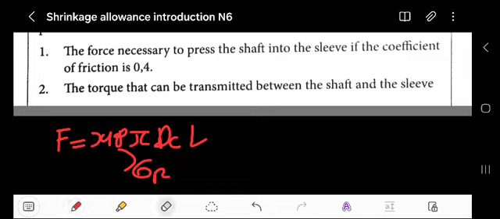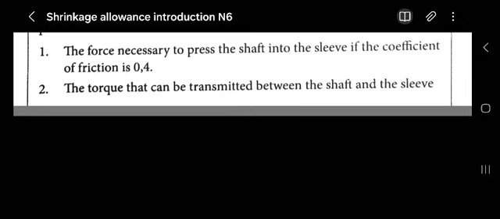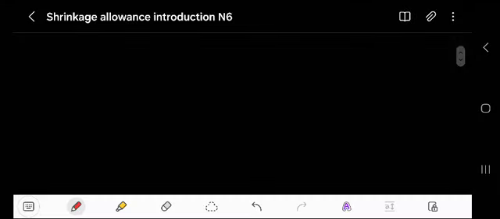If we can have our radial stress, we can simply say the pressure is equal to radial. Okay, it's fine. So this is what we have. Let us sketch our internal pressure diagram. Now we can answer this question.